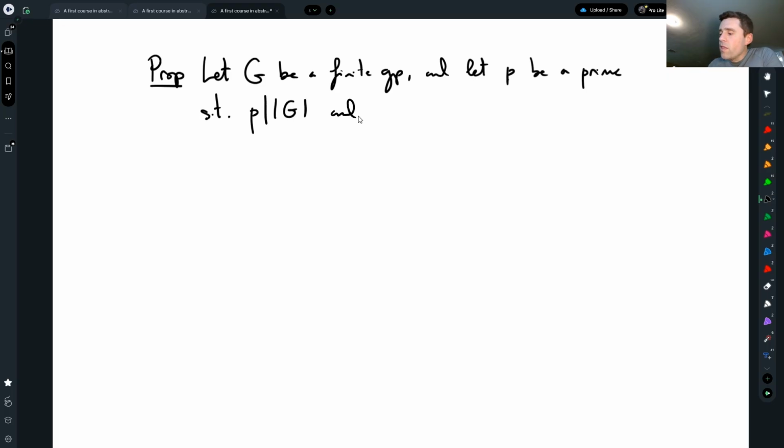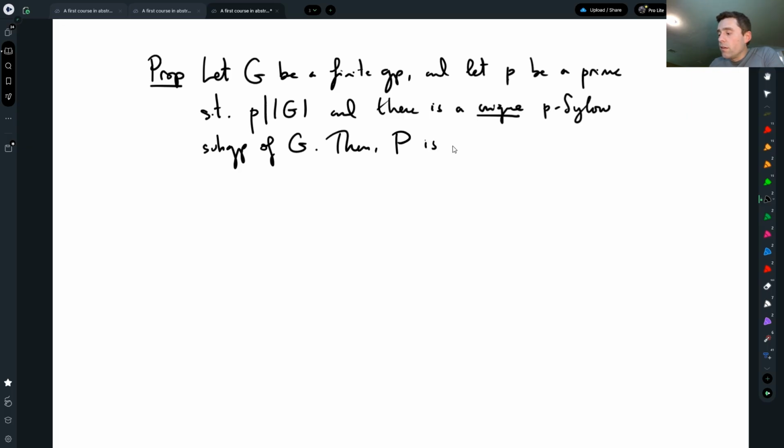We know there is at least one p-Sylow subgroup, but suppose there is a unique p-Sylow subgroup of G. Then P is normal in G.